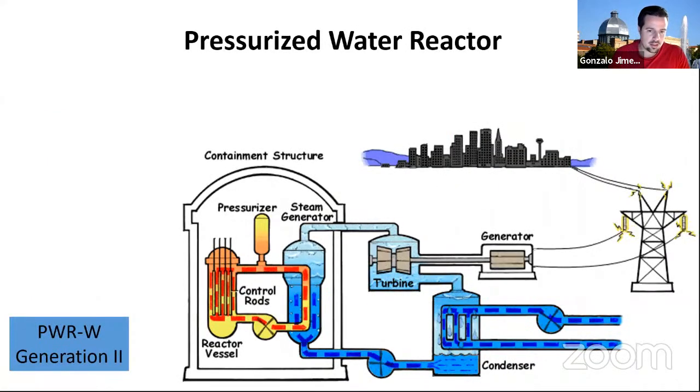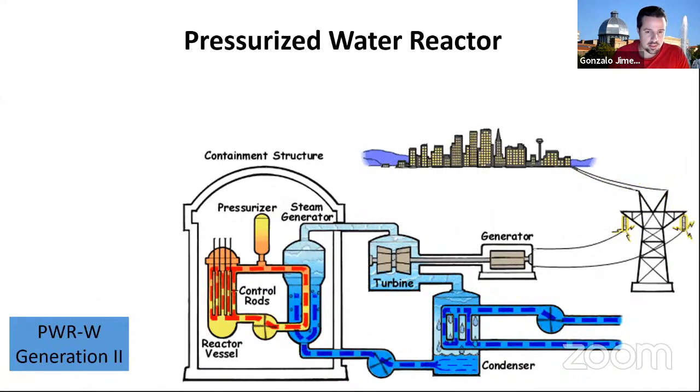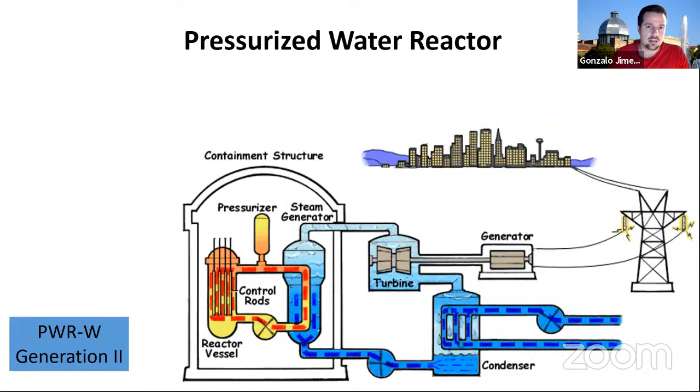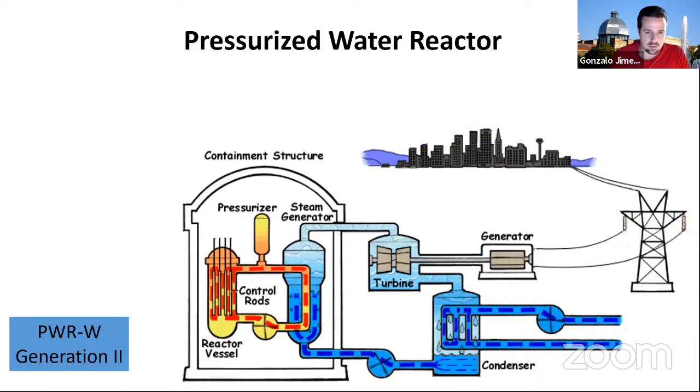The first thing, just to give you some fundamentals, is that the most popular reactor that has been built, the generation 2 that Mate mentions, is the pressurized water reactor, which functions like this.